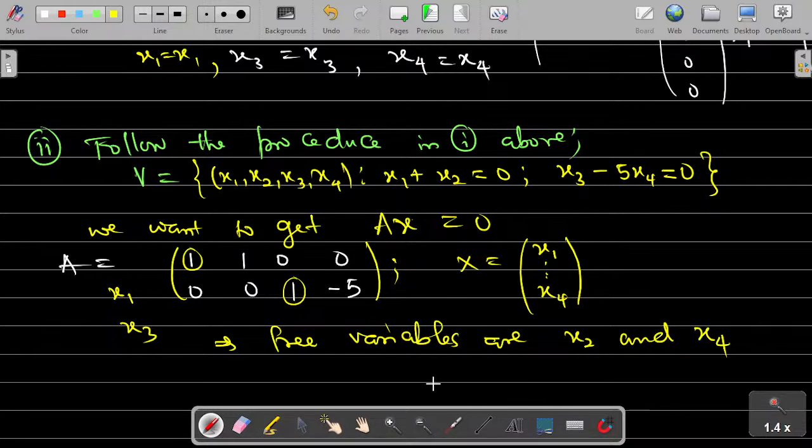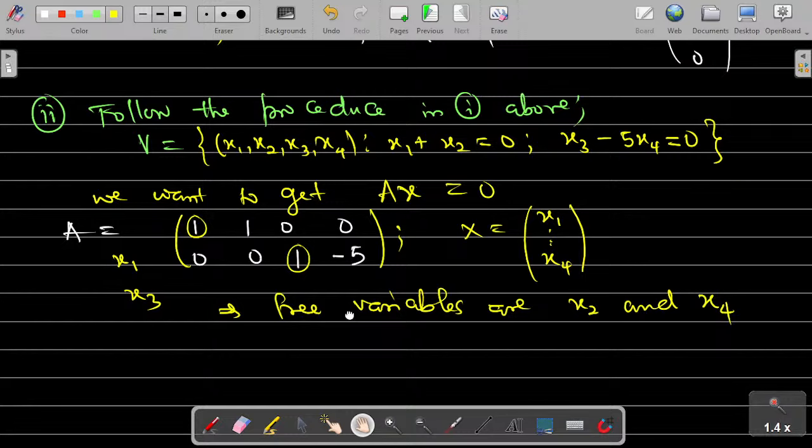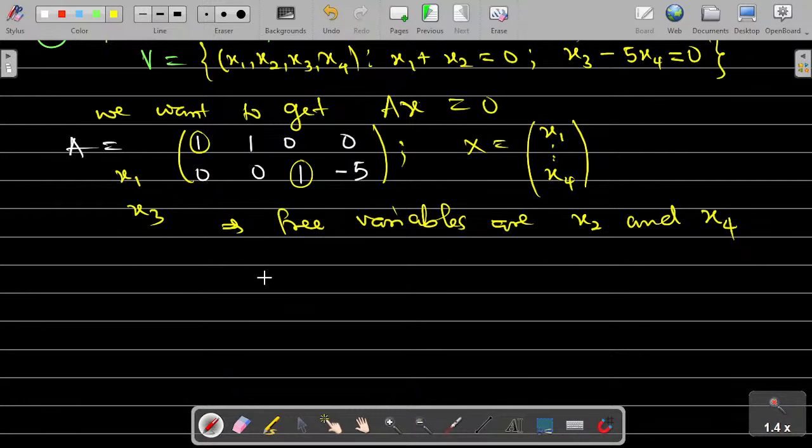Okay, so that means we have two free variables, and if we have two free variables, what it automatically means is that the dimension of V is equal to 2, and that's what the second question asked us to do. But remember that they also asked us to get the basis, and to get the basis we will need to now get the vectors.